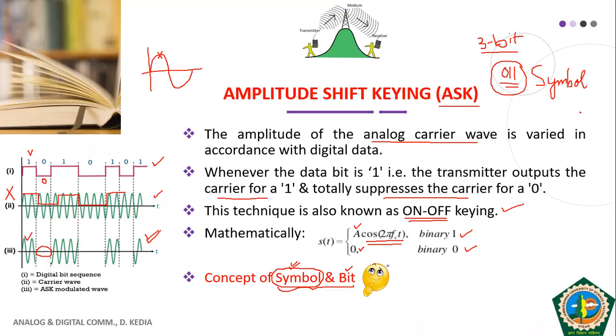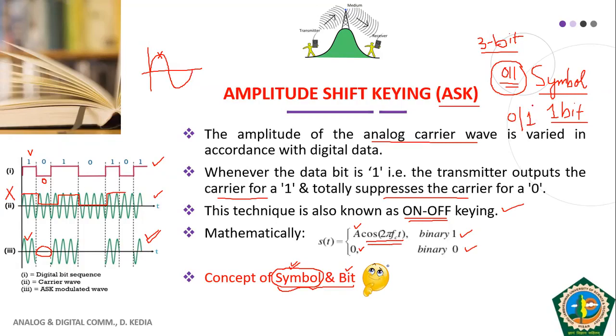Depending on how many bits are simultaneously representing a given digital symbol, it is decided what kind of digital modulation technique it is. If your symbol is represented by 1 bit, in that case we'll have either 0 or 1.